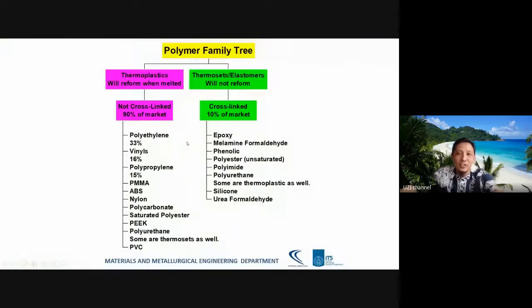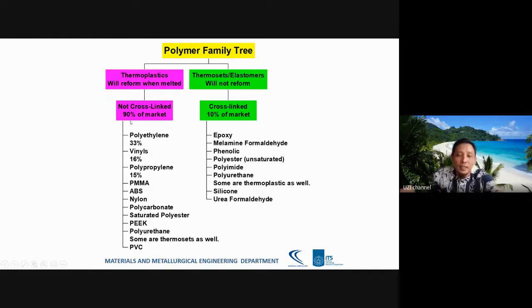Okay, let's continue. We also have the polymer family tree here, based on thermoplastic and thermoset or elastomer. Thermoplastic can be reformed, it will reform when melted, and thermoset cannot be reformed by melting.